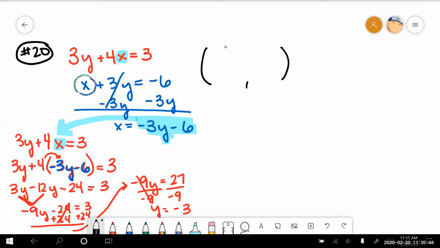I know I've got an x and a y. And this time, my solution started off with a y, so I'm not going to put the negative 3 here. That wouldn't make any sense. That's the spot for x. It's reserved for x only. So I'm going to put my solution of y equals negative 3 right here.